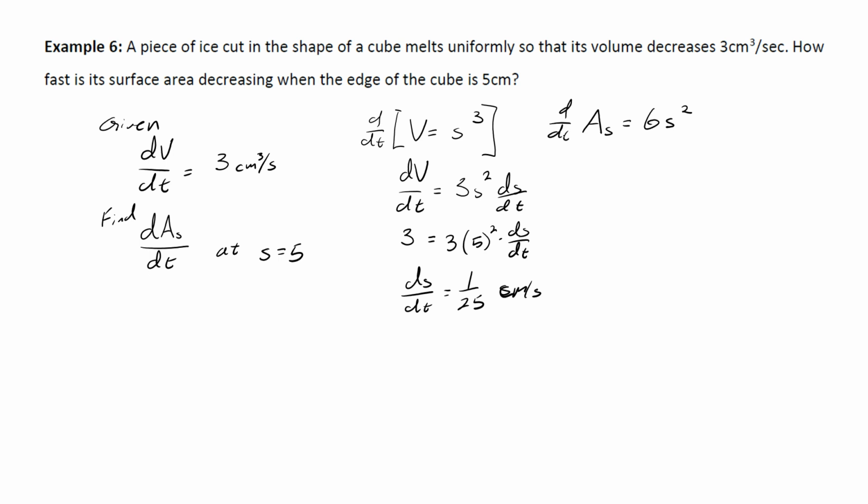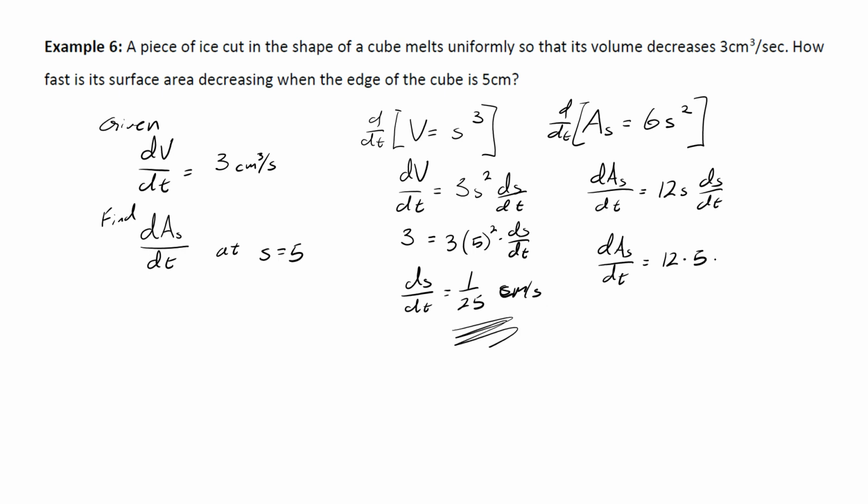All right, I'm going to come over here now to my surface area formula and take the derivative with respect to time of this. I'm going to end up with dA_s/dt, the rate of change of the surface area with respect to time, is equal to 12s ds/dt. And my s is still at 5. So I get dA_s/dt is equal to 12 times 5 times ds/dt when s is 5, which we now know is 1/25.